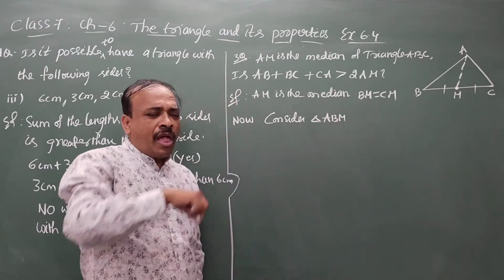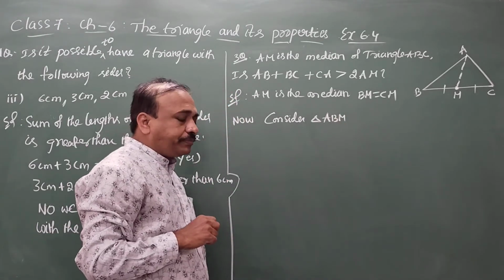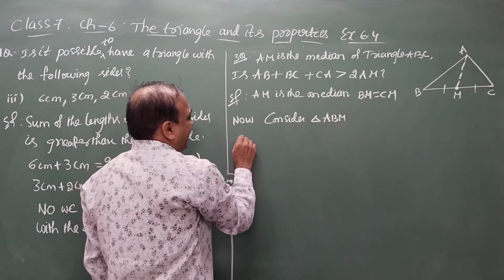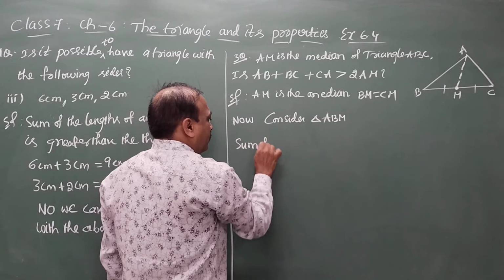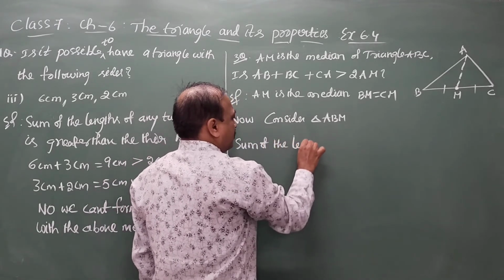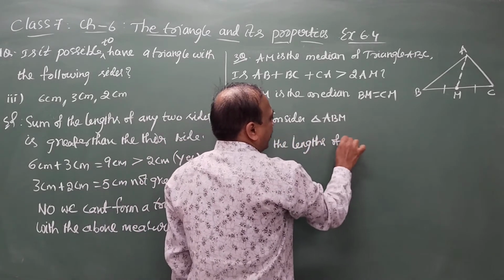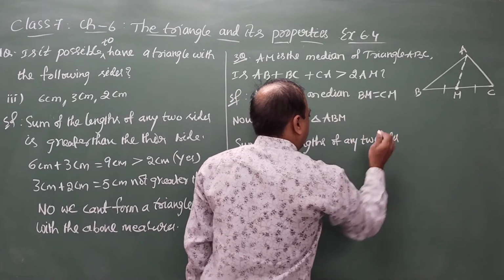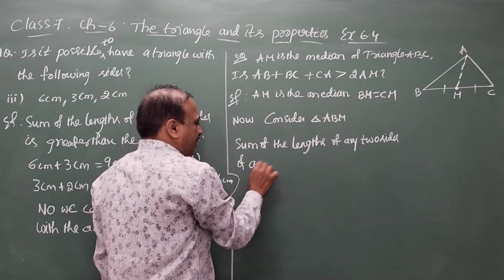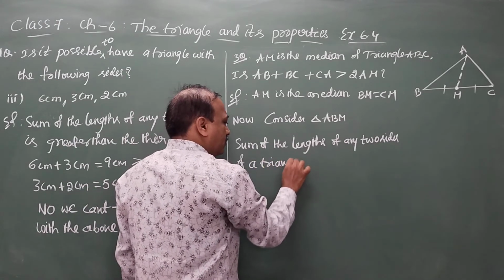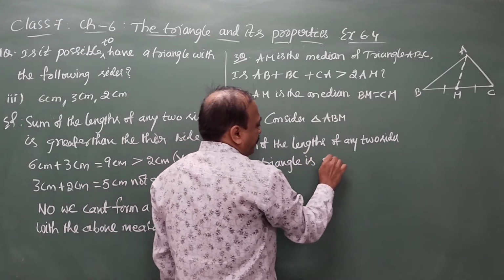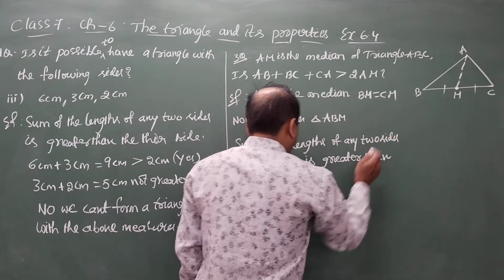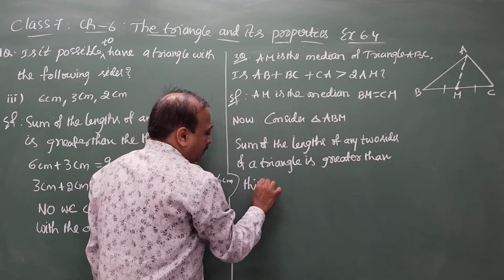As we know, sum of the lengths of any two sides of a triangle is greater than third side.